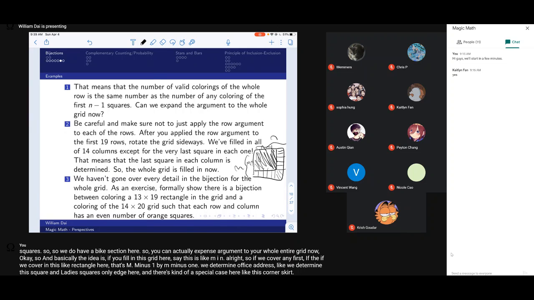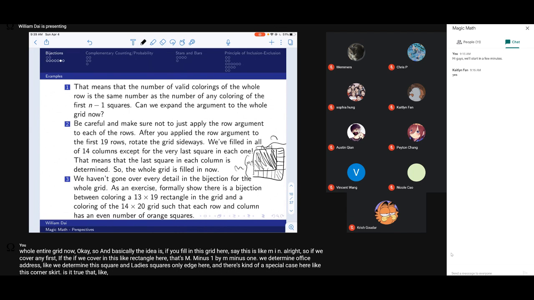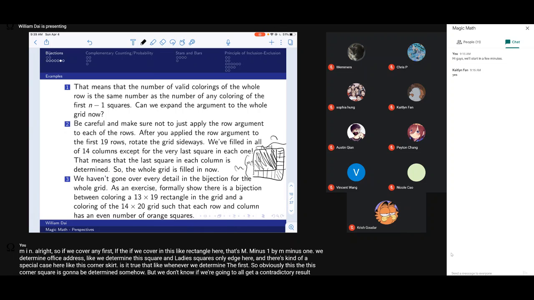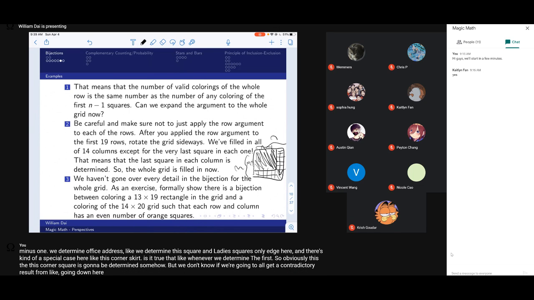Obviously this corner square is going to be determined somehow, but we don't know if we're going to get a contradictory result from going down here and going right. When we fill this in, we determine this square and all of these here.